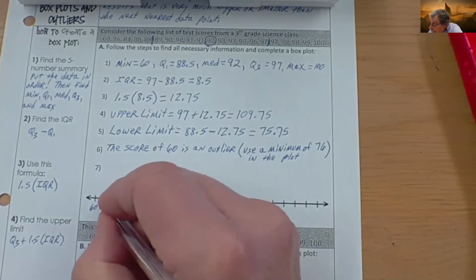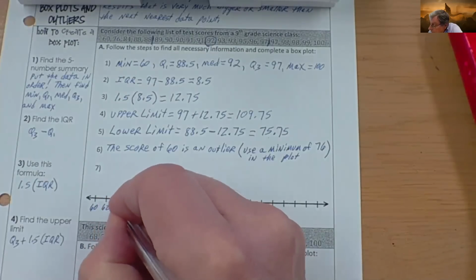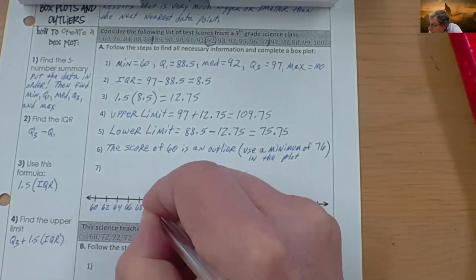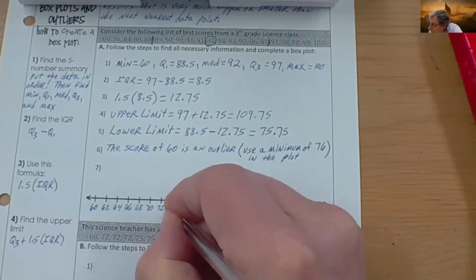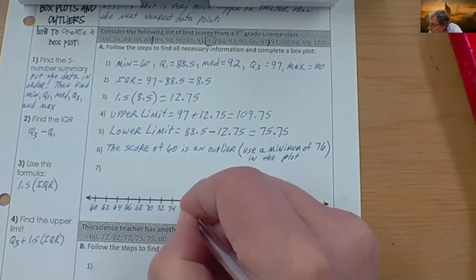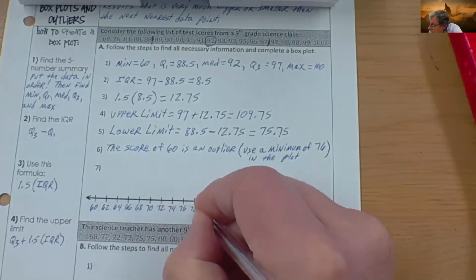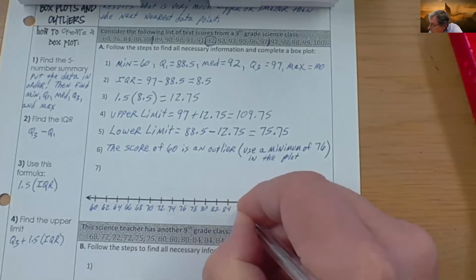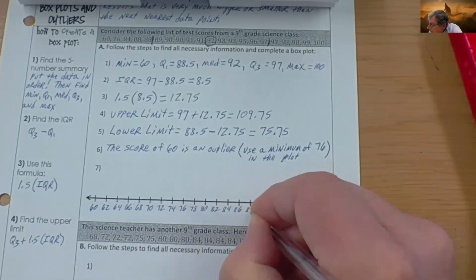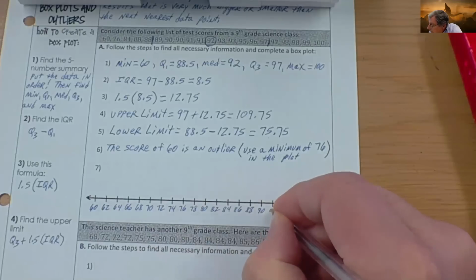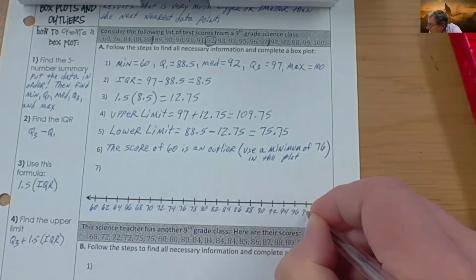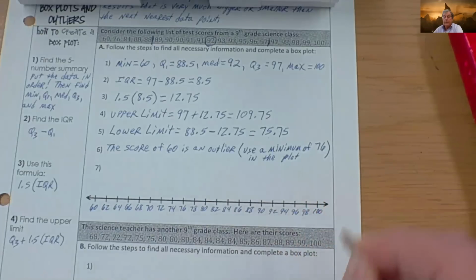We can go by twos: 62, 64, 66, 68, 70, 72, 74, 76, 78, 80, 82, 84, 86, 88, 90, 92, 94, 96, 98, 100. So we're going to make our box plot.